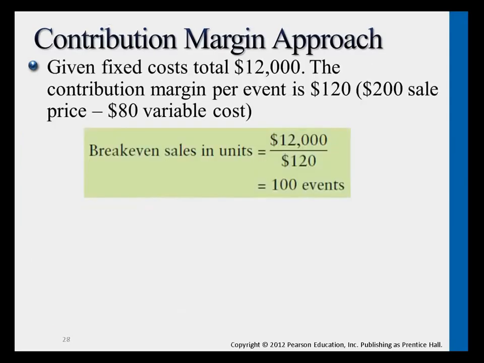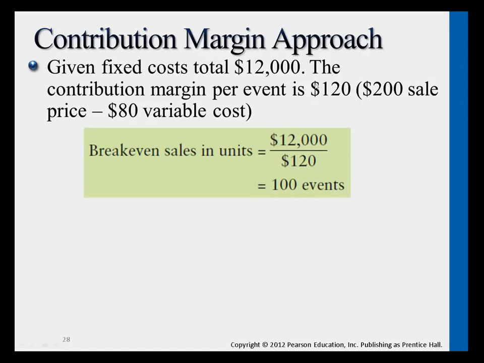So do you remember that example with events that we're scheduling? Our fixed cost we knew was $12,000. The same example, we're still working on it. Okay, so what do I have here? My fixed cost is $12,000. My contribution per event is $120.